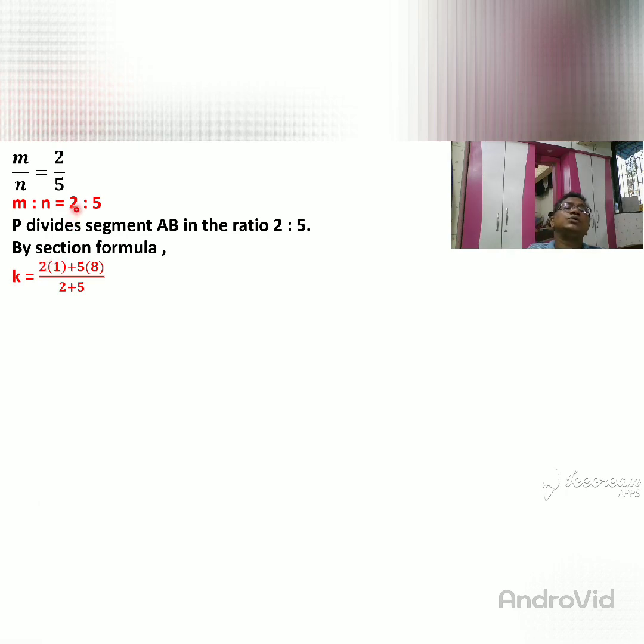m is equal to what? 2. See, the m is to n ratio is given, so m is equal to 2. So I write here 2. Then x2 is 1. n is equal to 5. So I write here 5.